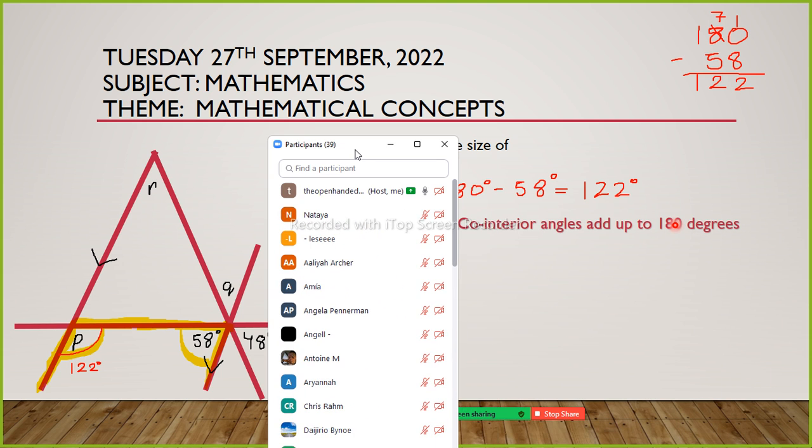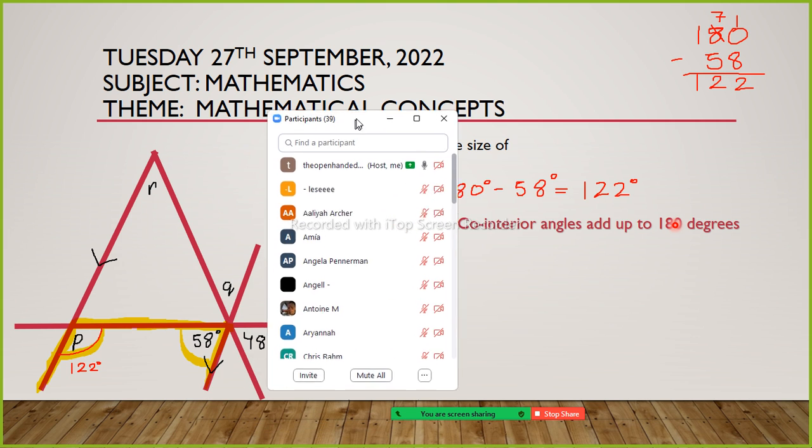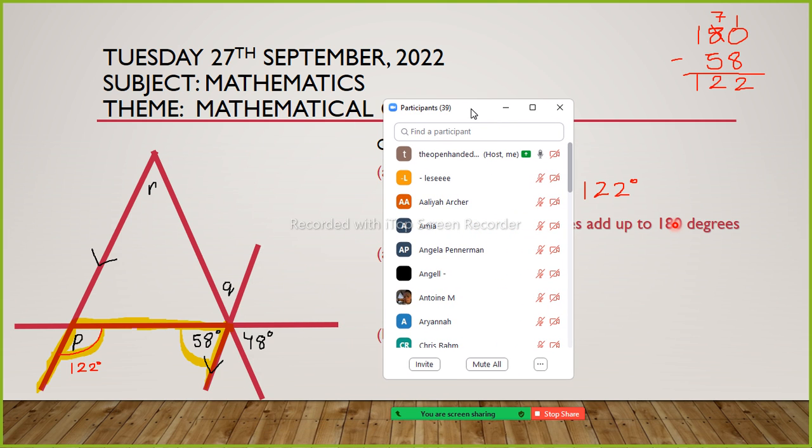Okay, now let's do Q, angle Q. We already know that this is 58 and this is 48. We need angle Q. Angle Q is interesting, but not hard.